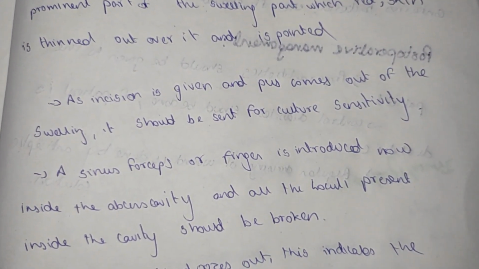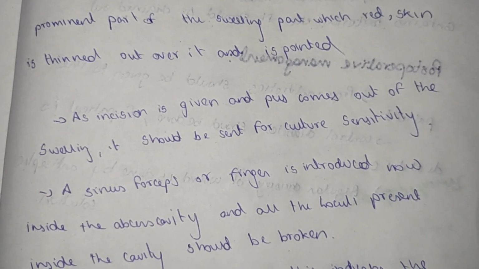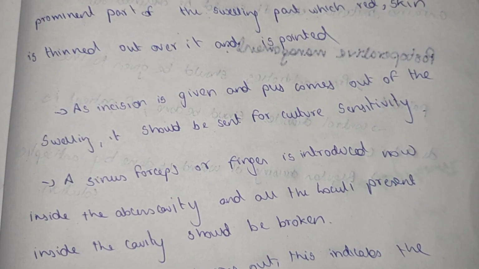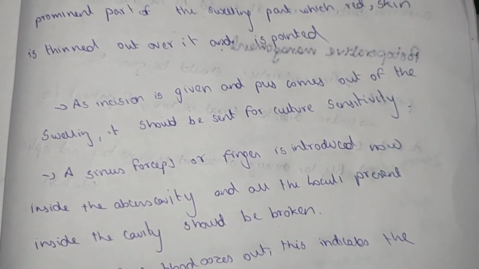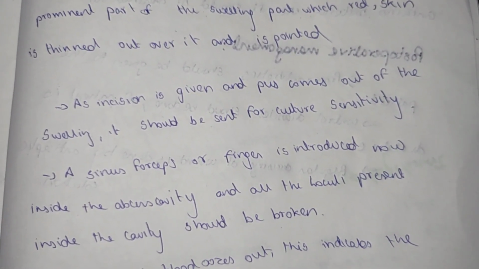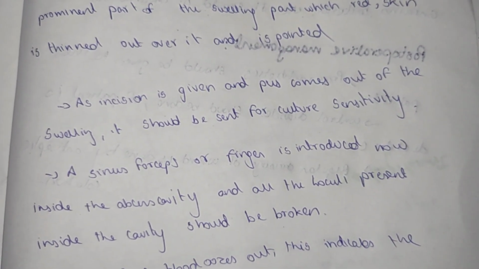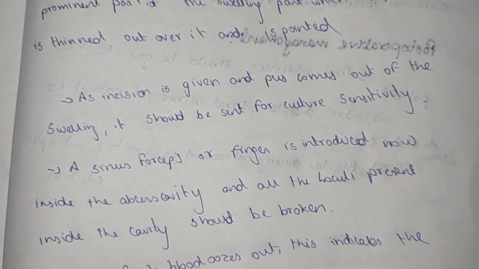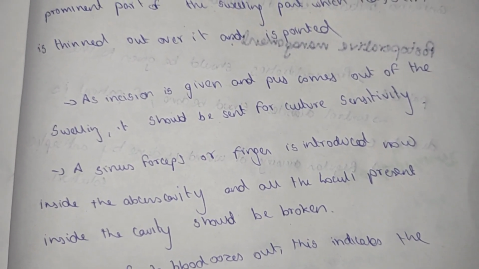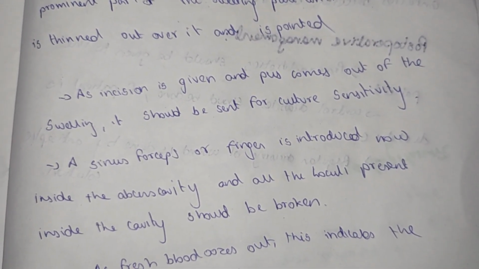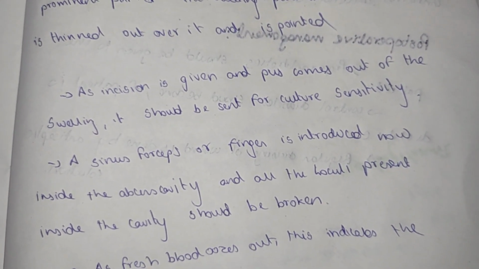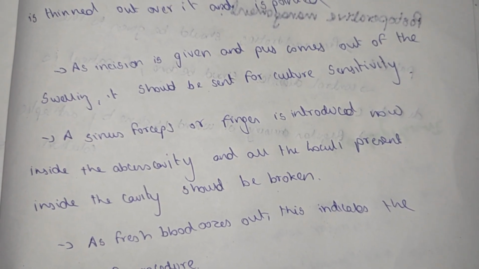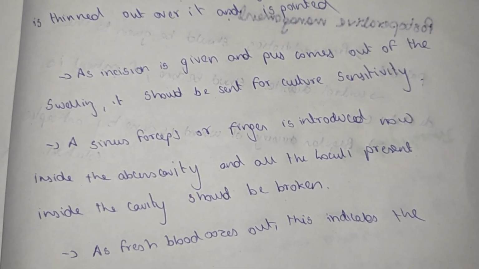An incision is given and the pus comes out of the swelling, and it should be sent for culture and sensitivity. A sinus forceps or a finger should be introduced into the abscess cavity. All the loculi inside the cavity should be broken until fresh blood oozes out from the cavity.